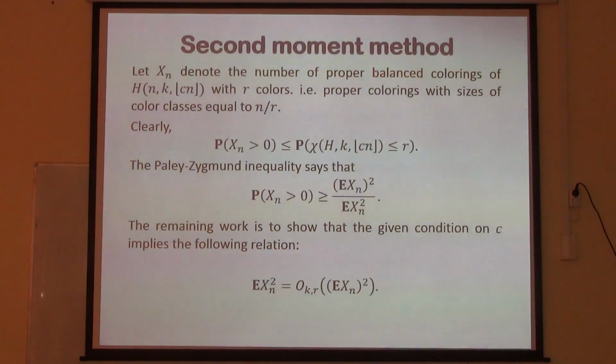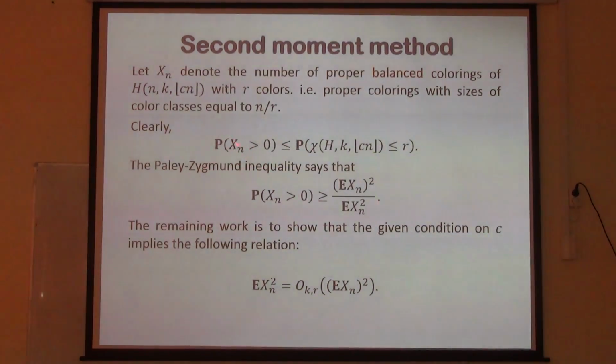Okay. And now this is the main random variable. Let xn denote the number of proper balanced colorings of our random hypergraph in this uniform model with r colors. So proper colorings with sizes of color classes equal to n over r.